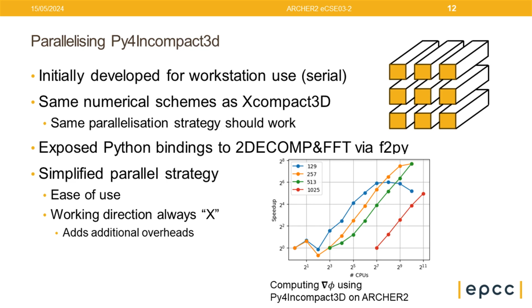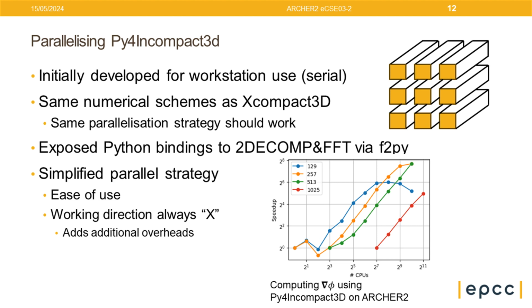So if we're going to use this as part of a workflow on a supercomputer like ARCHER2, obviously it needs to be parallelized. As it's based on the same numerical schemes as Xcompact3D, then logically the same parallelization strategy should work, where we use this pencil approach from 2decomp and FFT in order to decompose the domain and compute things in parallel.